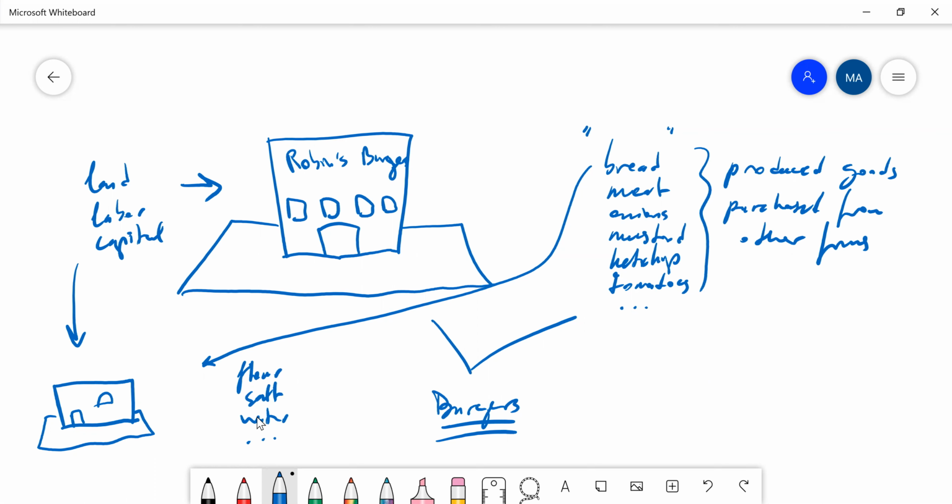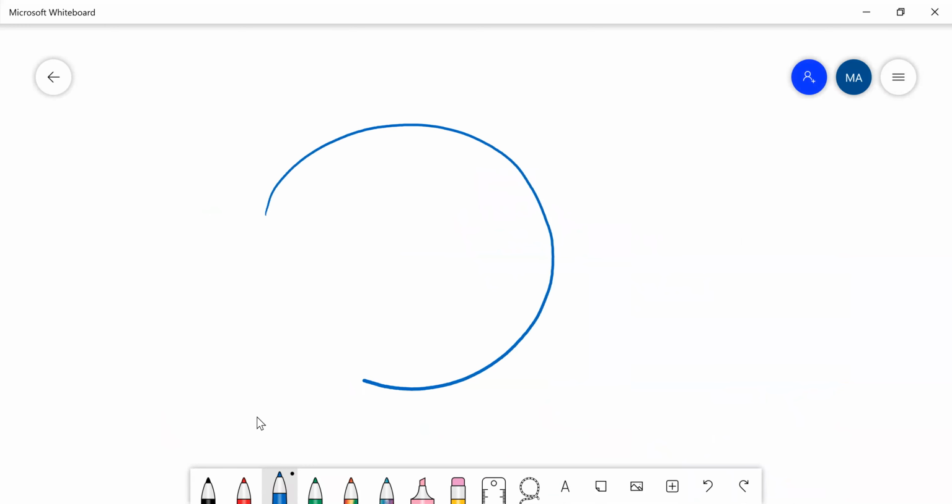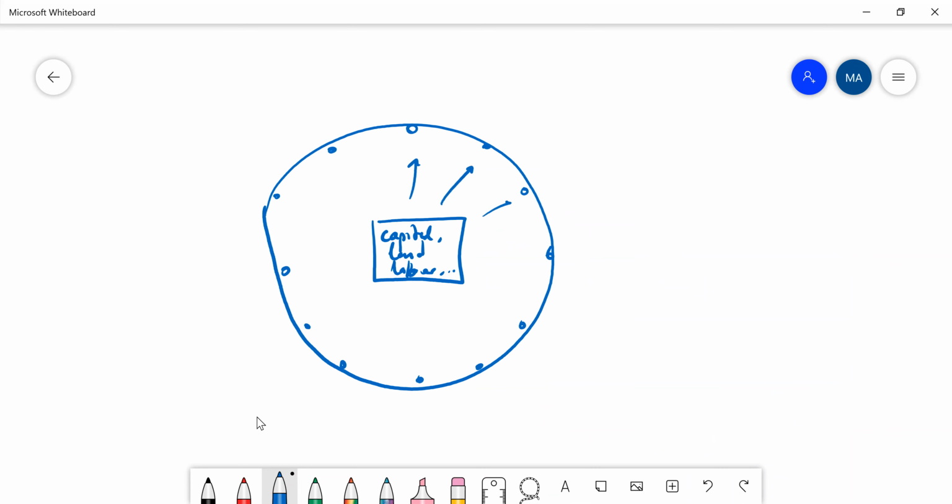The idea is that there would be many firms. You may imagine such a circular system actually. Here there are capital, land, labor, and other stuff, and each of these circles is a firm producing a specific commodity. Now they have demand for these resources.